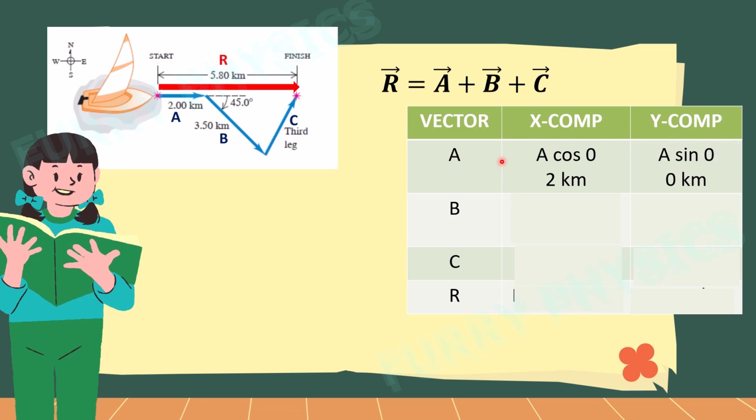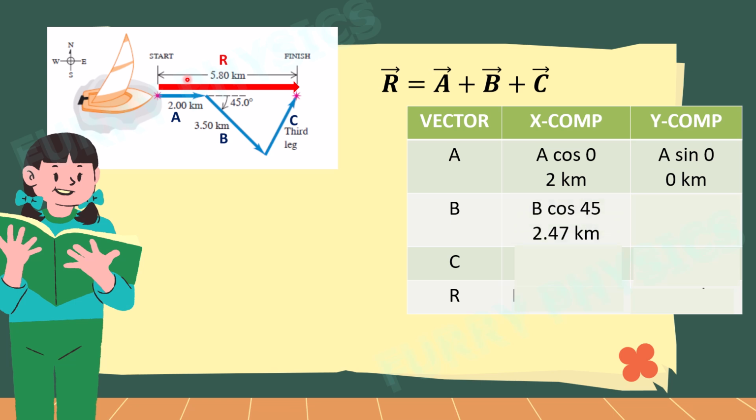The y component is A sine 0, and sine 0 is equal to 0. Therefore, the y component of vector A is 0 kilometers. As you can see in this illustration, vector A is just along the x-axis, hence it doesn't have any y component.